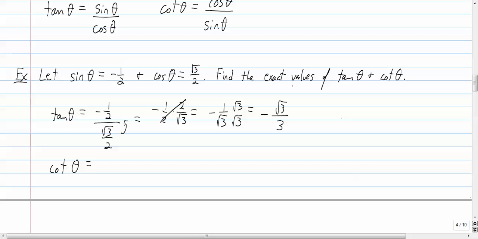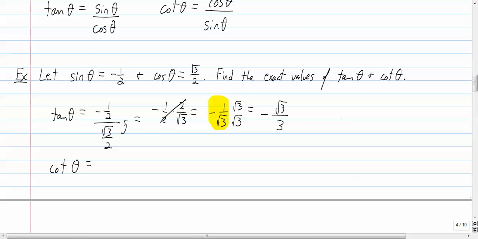And I could do that anywhere in the problem. Like you see right here where before I rationalized, I could take that part right there, and since cotangent is equal to 1 divided by tangent, or the reciprocal, I could flip it over, and that would mean that cotangent of theta is equal to negative square root of 3. So that's one way you could do that.